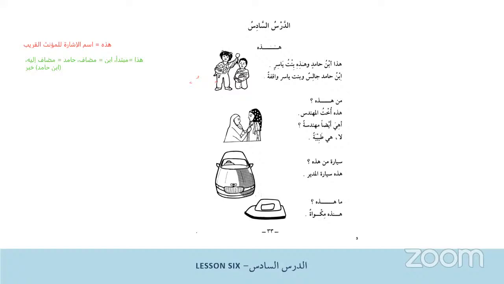We would say it's jumlatun ismiyatun because it starts with a noun, ibn, and it's khabariyatun because it's declarative or informative, and it's ma'tufiyatun because it consists of atf. Is that clear with that one? Okay. One question for me to ask you is where in this sentence do we see that the feminine word has been expressed as feminine?